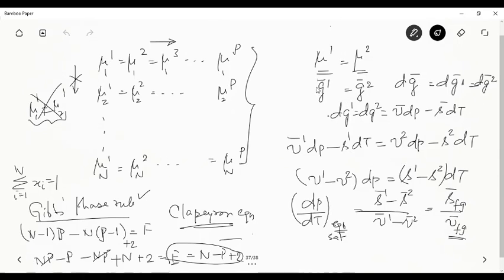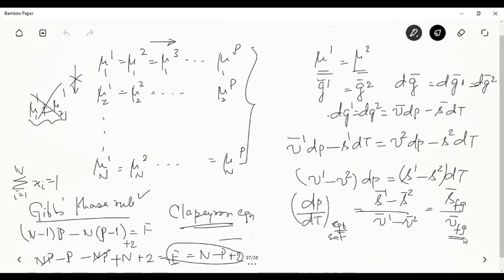I just differentiate this, so I get dg1 equal to dg2, and each one of them will be equal to v dp minus s dT for the respective phase. So v1 dp minus s1 dT will be equal to v2 dp minus s2 dT. If I rearrange that, I get dp by dT at equilibrium of phases 1 and 2 is equal to s1 minus s2 divided by v1 minus v2.